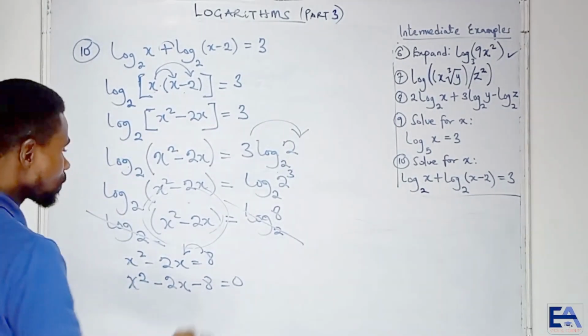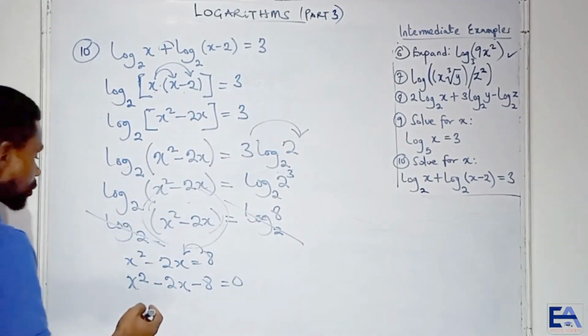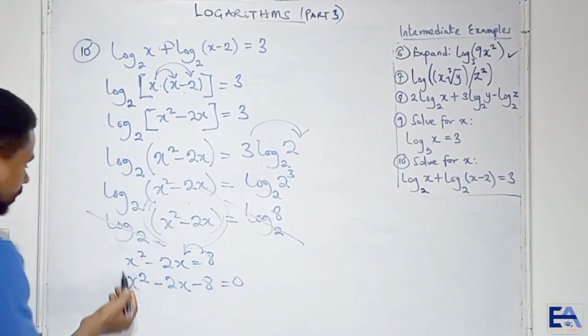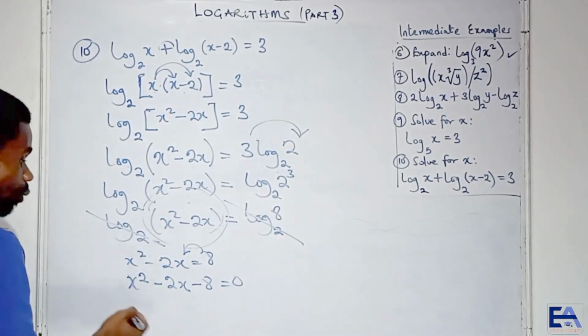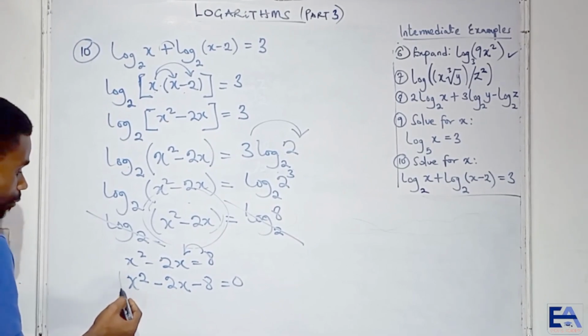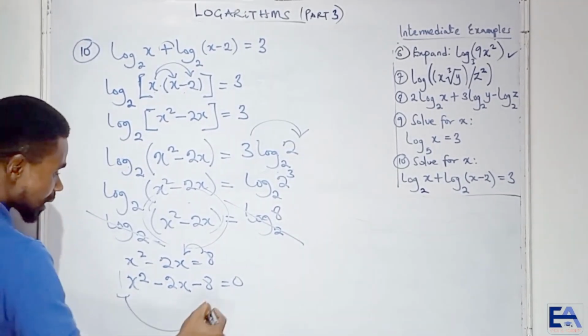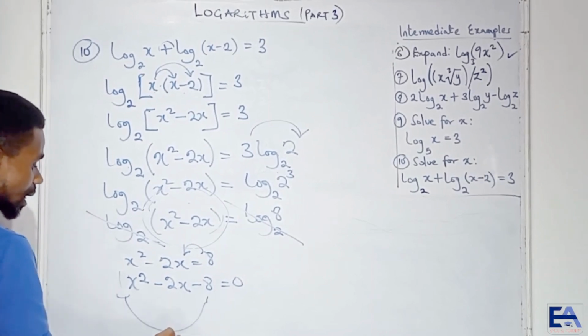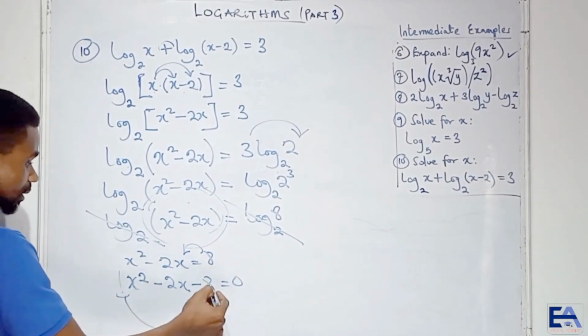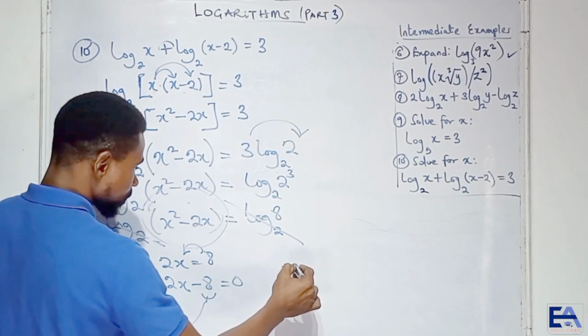Now, to solve the quadratic equation, since there is no coefficient here, the rule is that whatever is here, multiply it with anything that is here. So we have 1 times minus 8, which gives minus 8.